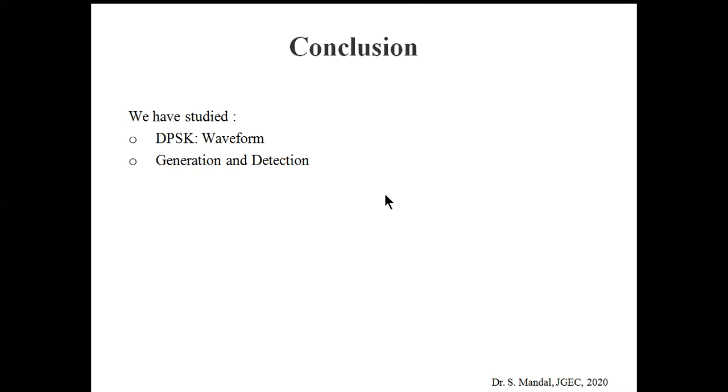Moreover, apart from the waveform, we have also observed the generation and detection part, where we don't need any coherent signal or carrier at the receiver end. And we have also observed that DPSK has a larger probability of error compared to the BPSK.